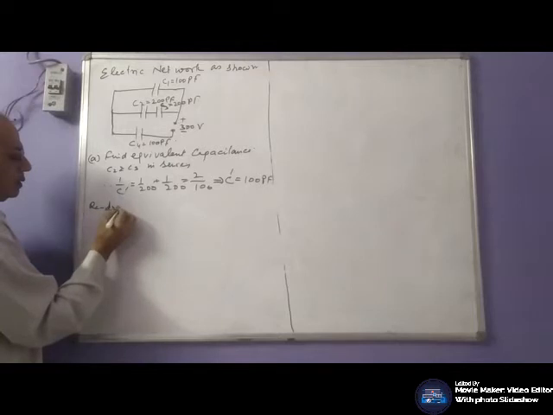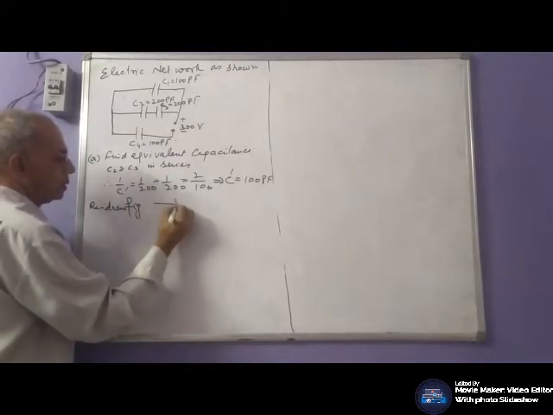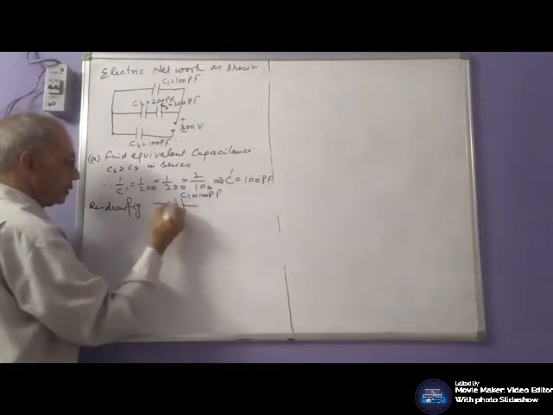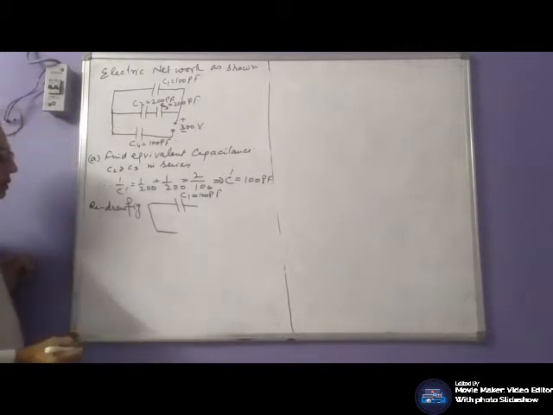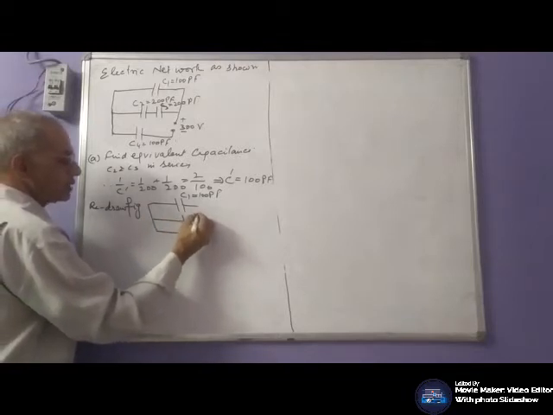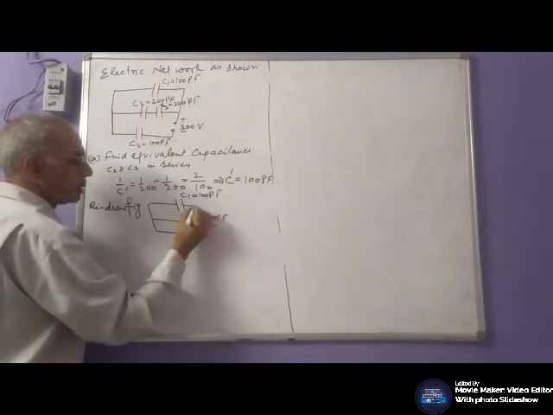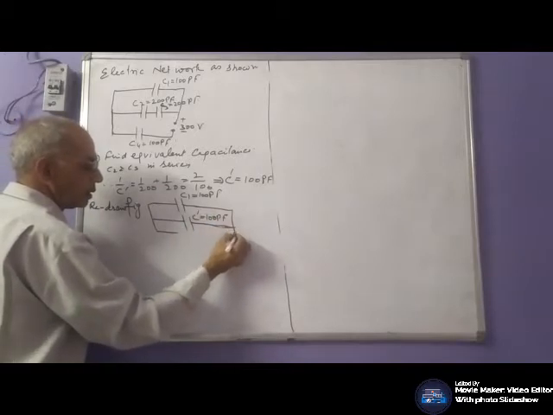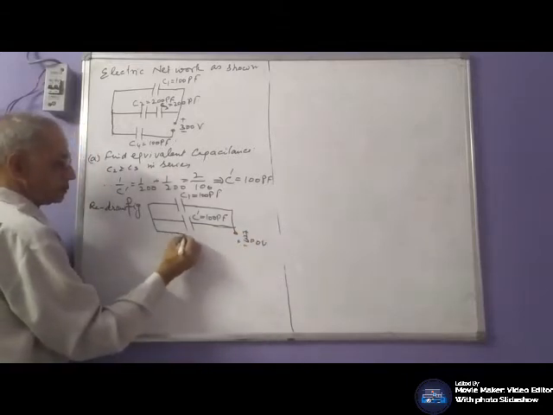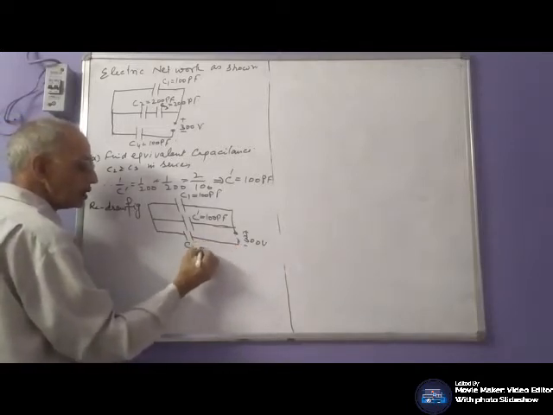Redraw the figure. C1 is 100 picofarad, C dash is 100 picofarad, it is 300 volt, C4 is 100 picofarad.